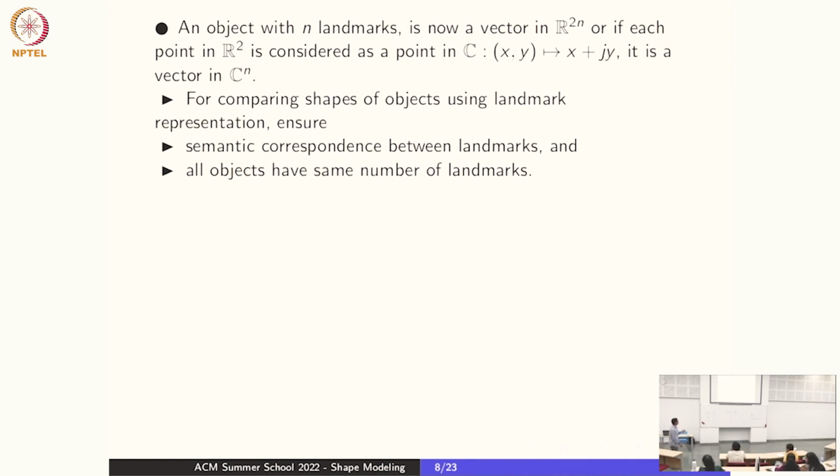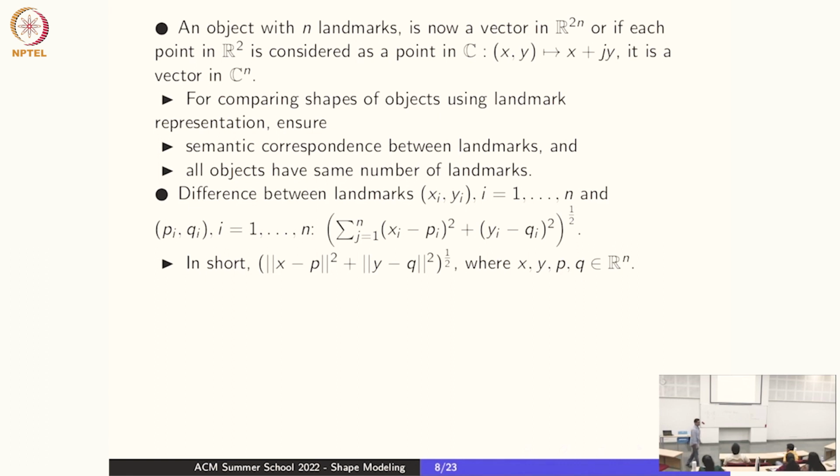So next question is, both of them are now vectors in the same vector space. O1, O2, both of them belong to R2n. I can just compute the distance between these two vectors, right?